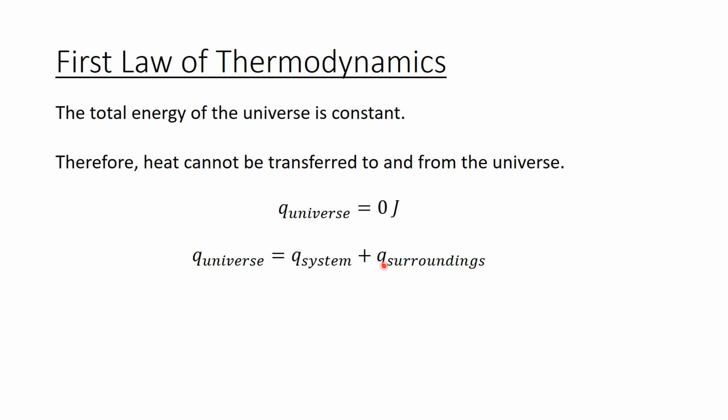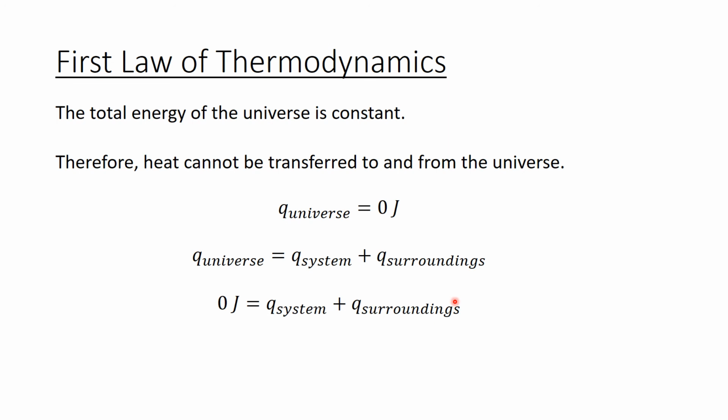The system being what I'm focused on, the surroundings being everything else. So if that's true, then I can substitute the first equation into the second equation to get that 0 joules is equal to the heat of the system plus the heat of the surroundings.